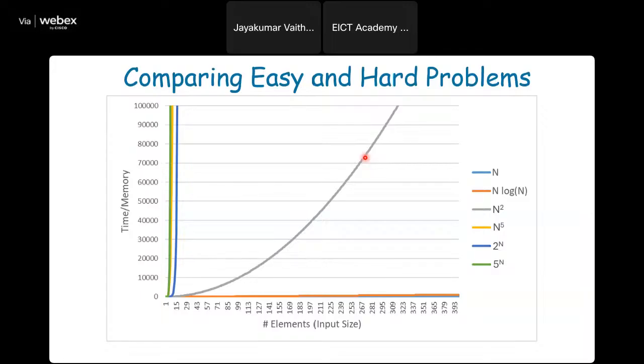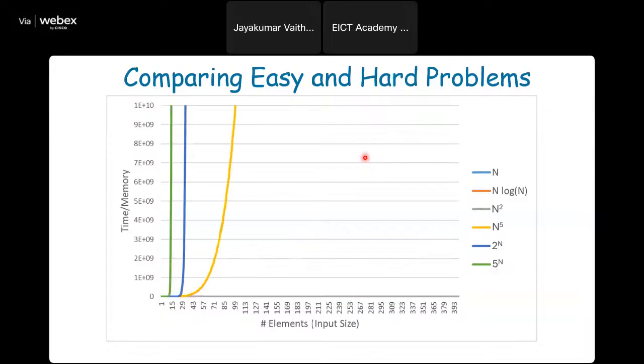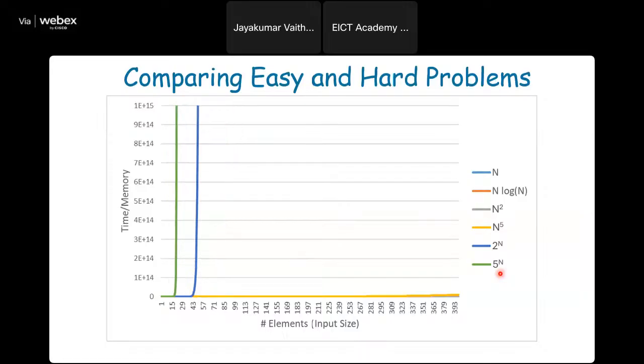Okay. In the same way, if you keep on increasing your time lapse, then apparently you can see the difference between n to the power 5 and 2 to the power n and 5 to the power n. So keep on increasing, you're able to see only the 2 power n and 5 power n.